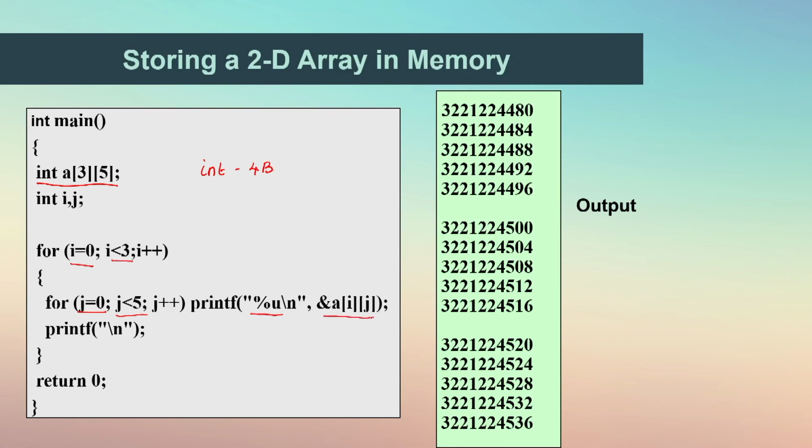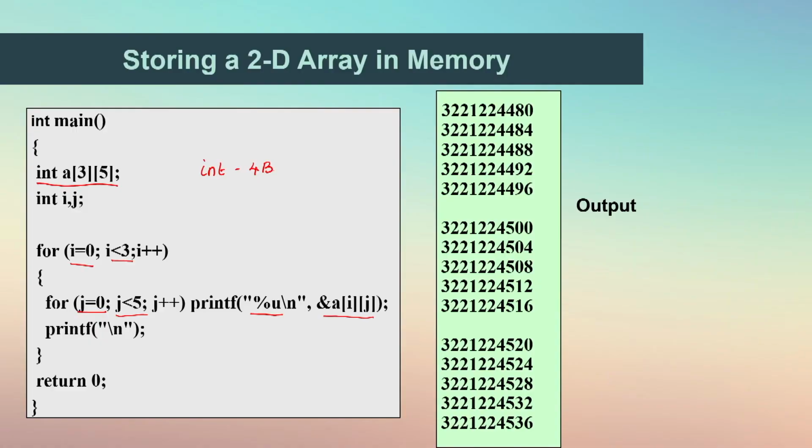You may ask for clarification why in printf we are using the ampersand symbol. Usually in scanf we have the ampersand symbol. Why ampersand in printf? It is because we are trying to print the address values of the elements, not the elements themselves. So, here you are supposed to use %u and the ampersand symbol, right.